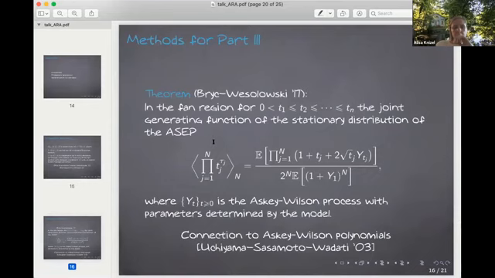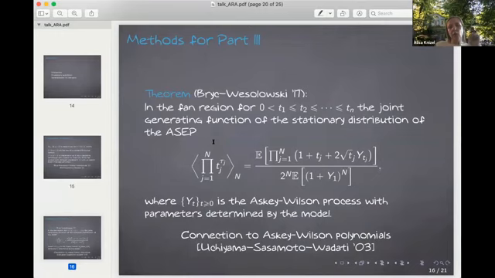We start with the description of the stationary measure for the symmetric simple exclusion process in terms of the matrix product ansatz, which was initiated in the work by Derrida, Evans, Hakim, Pasquier, and then we use this very important connection, introduced by Uchiyama, Sasamoto, Wadati, with the Askey-Wilson polynomials.